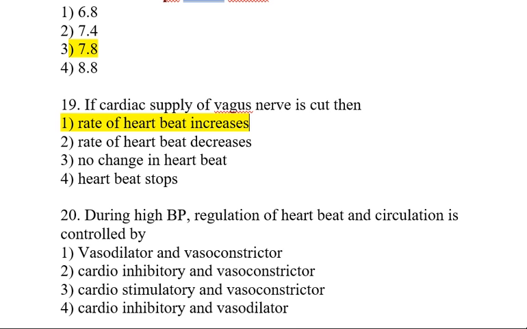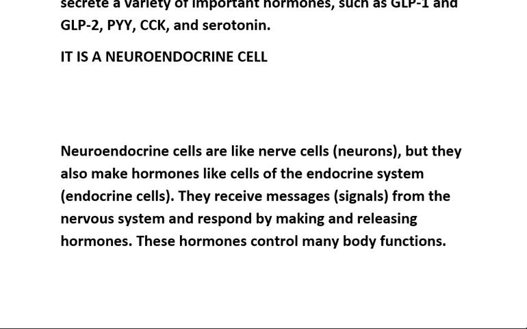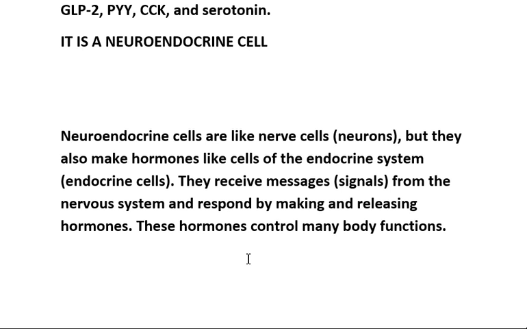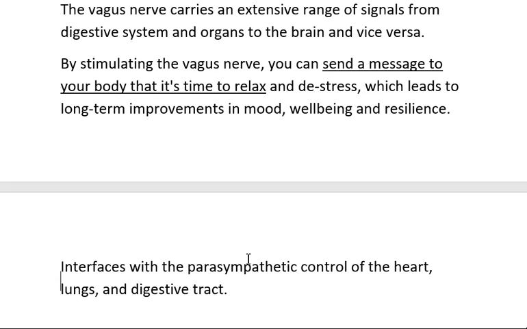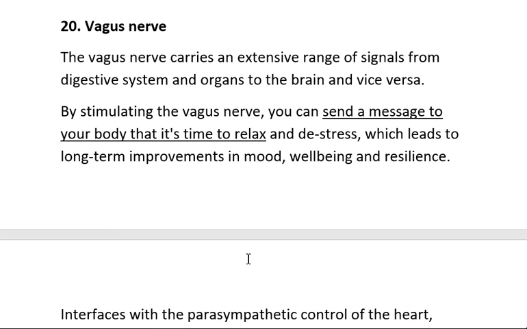So what is the vagus nerve? The vagus nerve carries an extensive range of signals from the digestive system and organs to the brain and vice versa. So it sends a message to your body that it's time to relax. Obviously, when the vagus nerve is cut, your heartbeat increases.